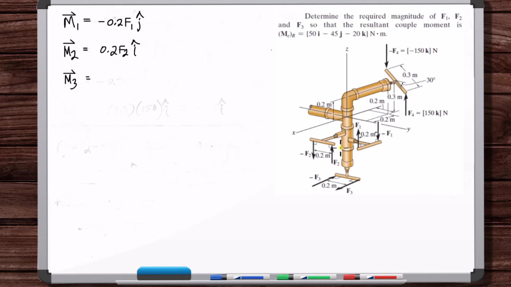M3, the moment vector is going to be in the k hat direction, negative k hat. Now M4 is a little confusing. You might look at this and think that the moment vector is in the i hat direction, but this is directed at an angle. You can see it goes 0.2, 0.2, so this line here is at 45 degrees.